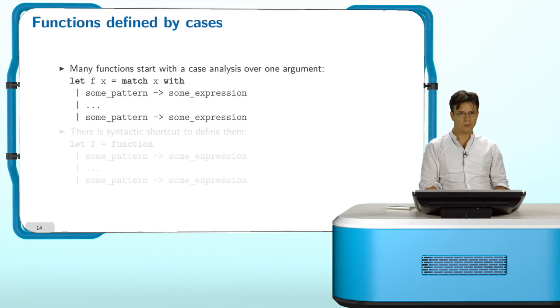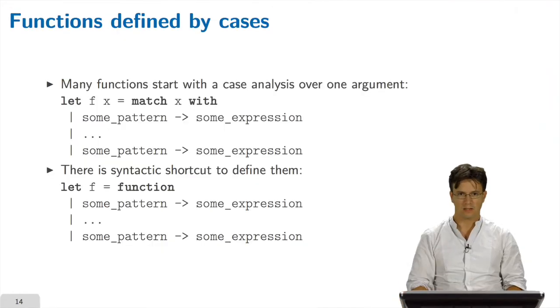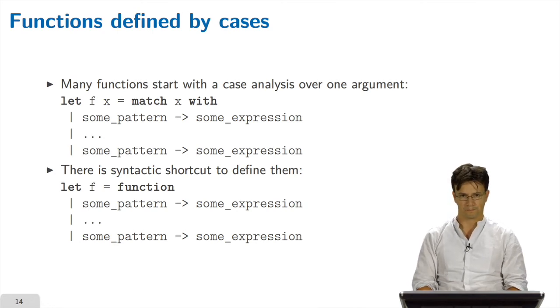Many functions in OCaml start with a case analysis over one of their arguments. So that kind of function can, of course, be written just like that. You define a function f with, for instance, an argument x, and you pattern match over x with your different branches. But in fact, this kind of function is so common that there is a syntactic shortcut to define them.